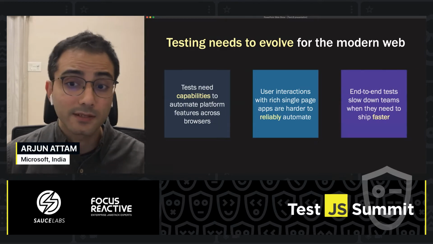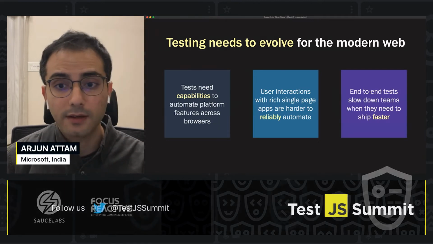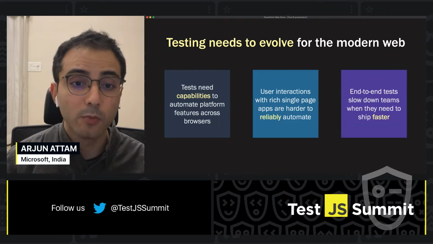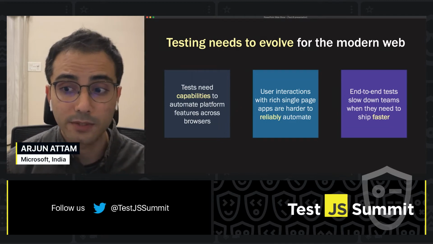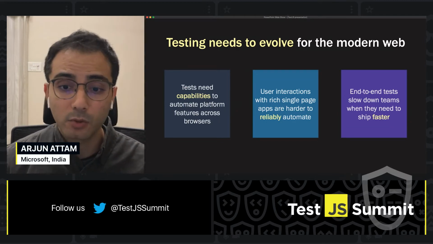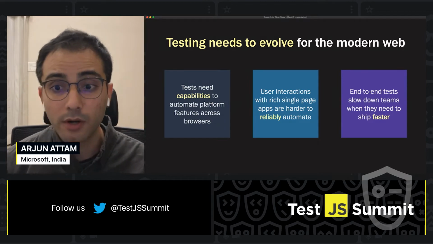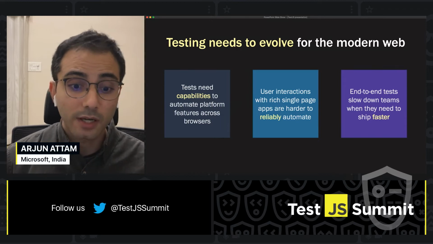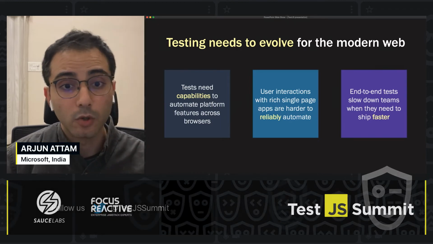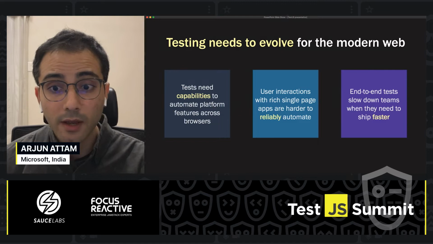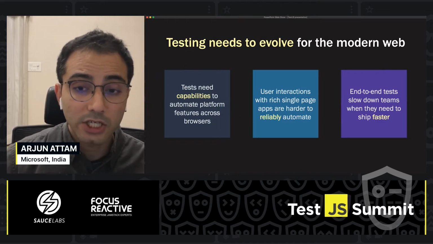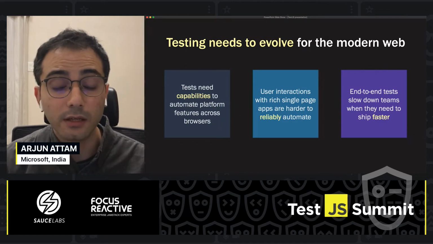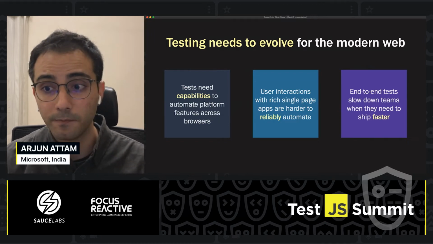What happens as a result is that end-to-end tests that are actually supposed to help you move faster are actually slowing teams down. Teams end up having to add sleep timeouts or retries to be able to manage reliability issues. Teams are struggling with coverage issues because they're not able to automate all parts of their application. And therefore, end-to-end tests are actually slowing teams down when they actually need to be able to ship faster.